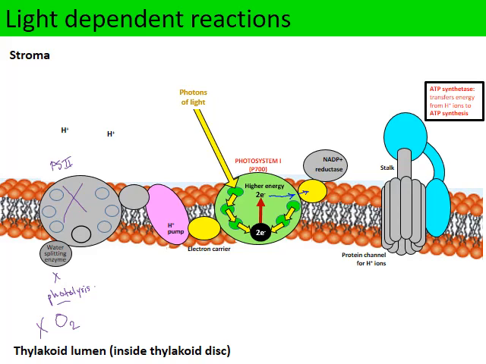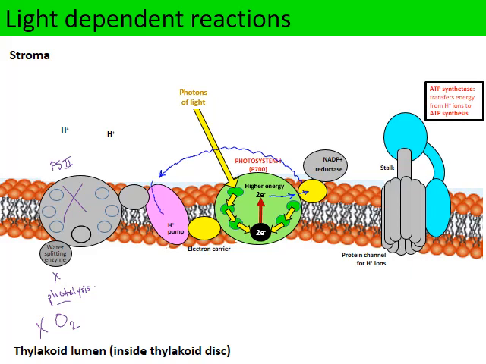Instead, this second electron acceptor is a mobile carrier, and it can actually move within the phospholipid bilayer. So it's a mobile electron carrier, and it delivers the 2 high energy electrons to the electron transport chain.